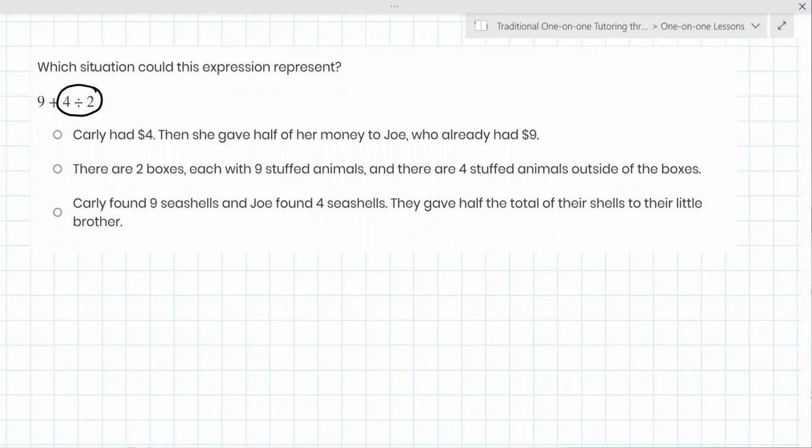She gave half, or they gave half the total. But it's got to be half the $4. So C.